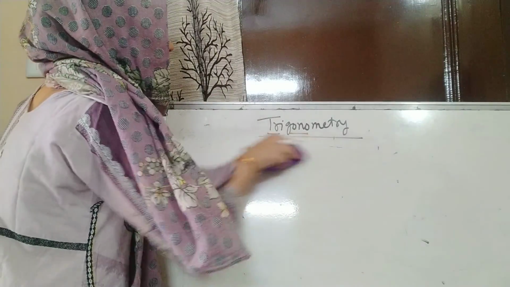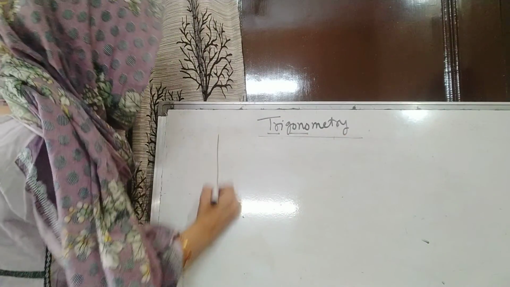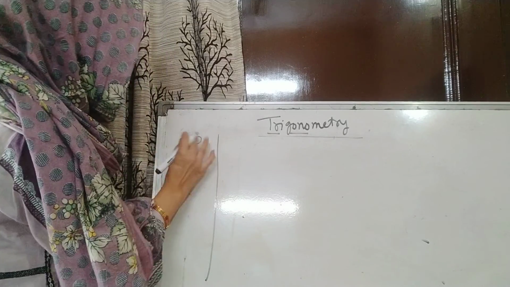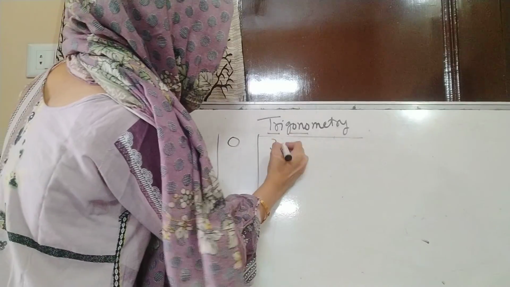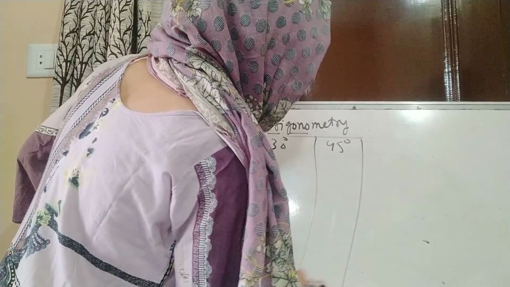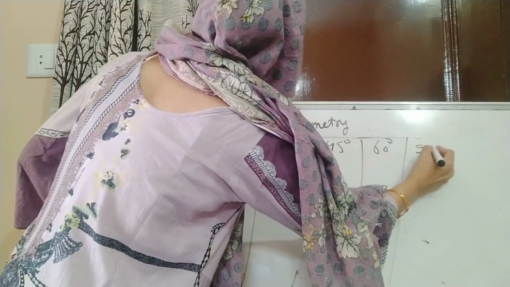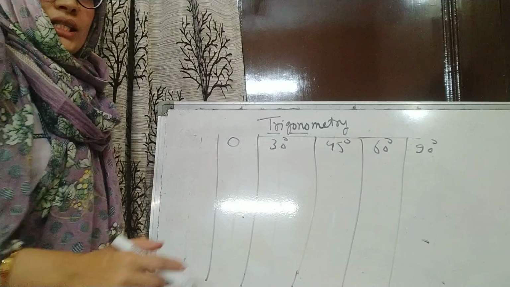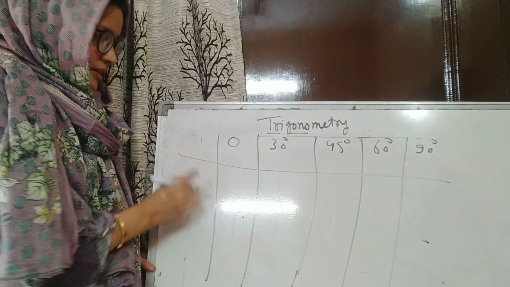Now let us see the table for some specific angles: 0, 30, 45, 60 and 90. First I will tell you how to devise this table.